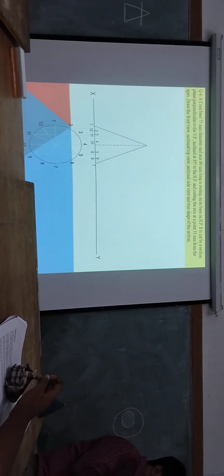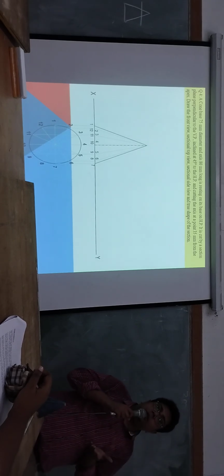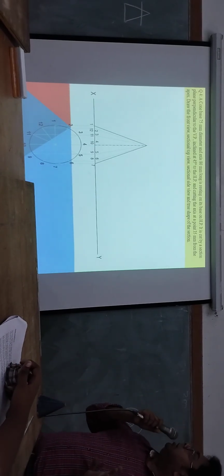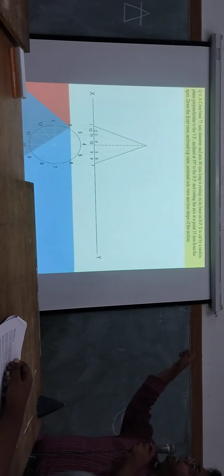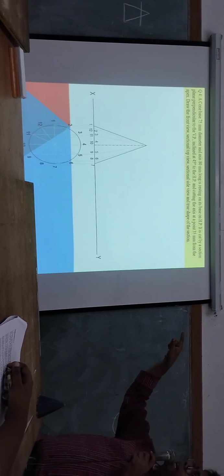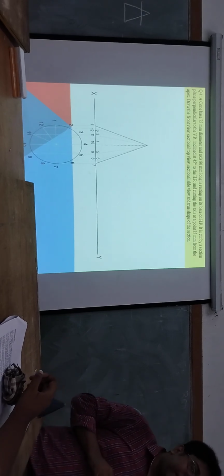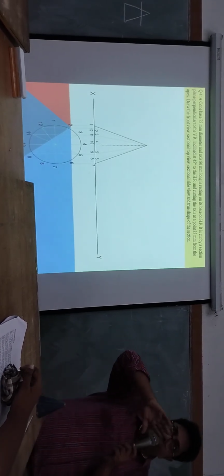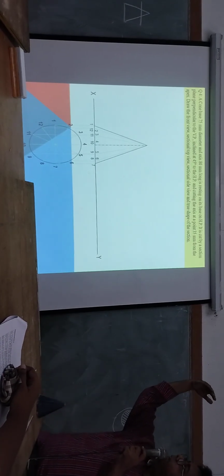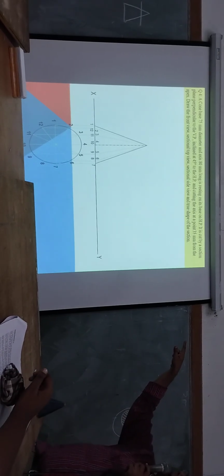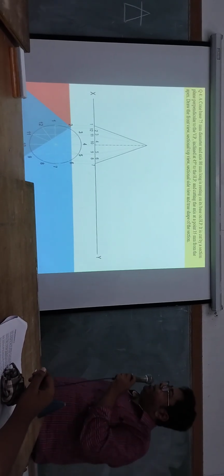Now where you have to place the cutting plane? Read the problem, try to understand. It is cut by a section plane perpendicular to VP, inclined at 45 degree to HP, and cutting the axis at a point 35 millimeter from the apex.